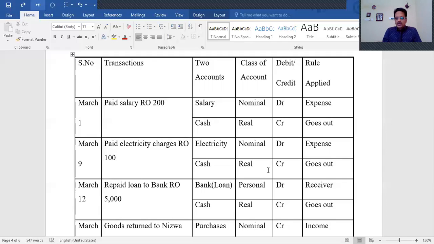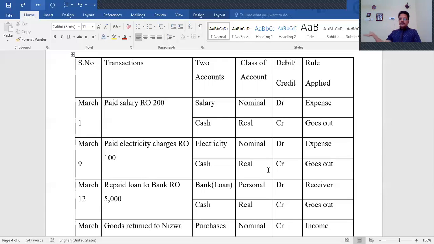As I told you, always remember this part of accounting: the application of the rules of debit and credit is the most important part of accounting, even more important than the preparation of final accounts.